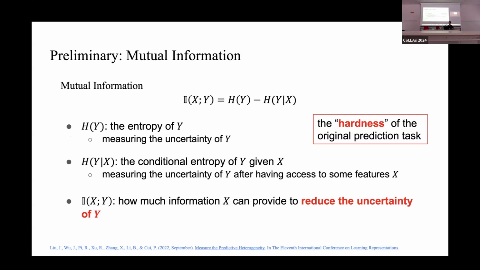Therefore, mutual information compares the gap between these two terms. It captures how much information X can provide to reduce the uncertainty of Y. The entropy of Y can also be viewed as the hardness of the original prediction task, because the more random Y is, the harder the task.